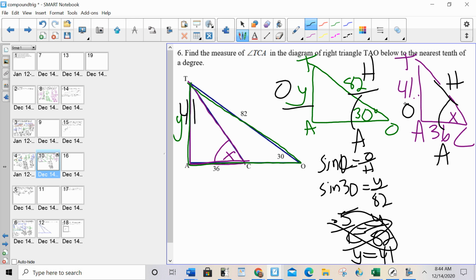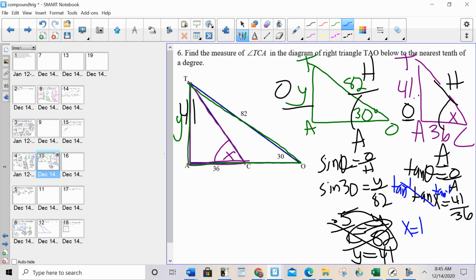HAO, A and O are involved, so I do tangent. Theta is x. O is 41. A is 36. Because I'm finding the angle, I do inverse.